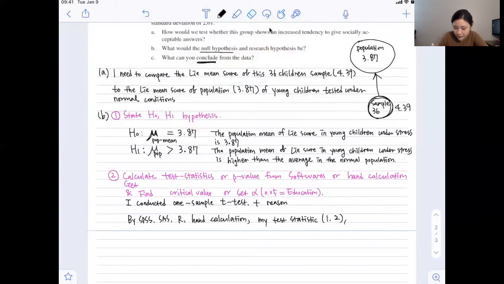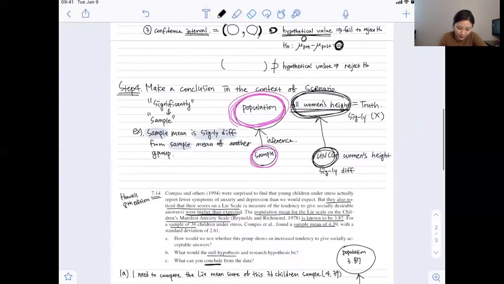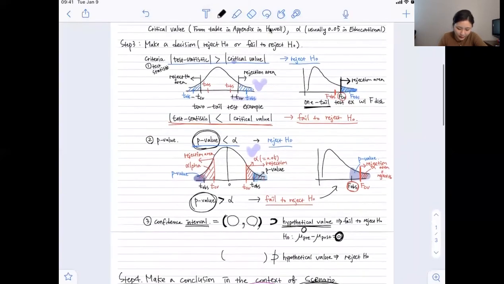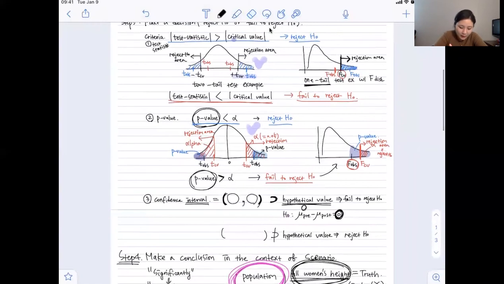And I found the critical value. I will write the critical value this way because this follows the t-distribution. So I would write the critical value is 2.03.